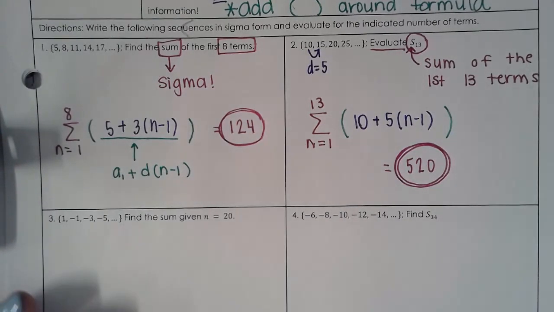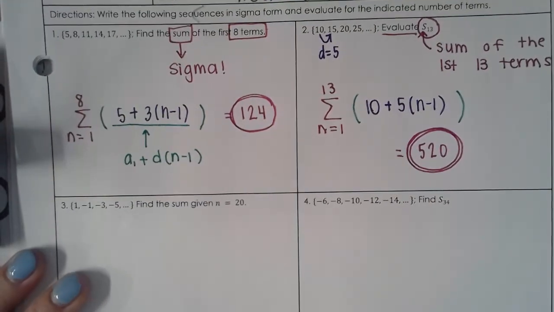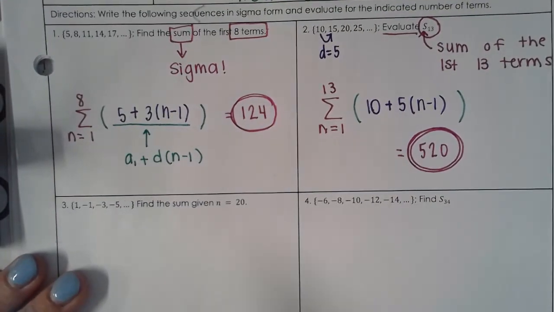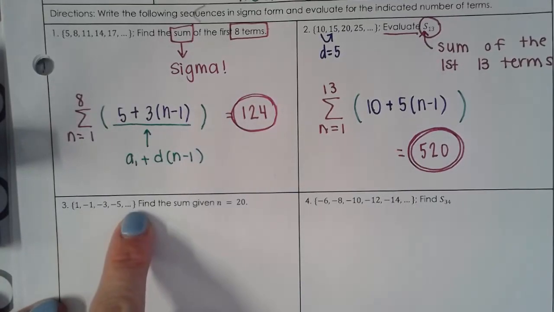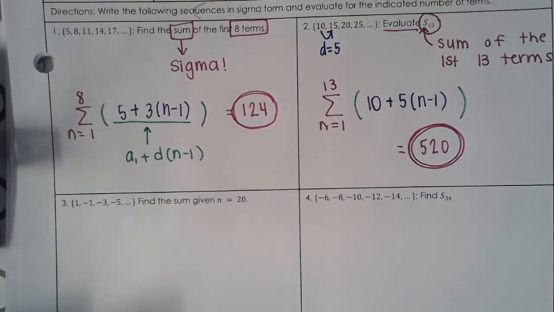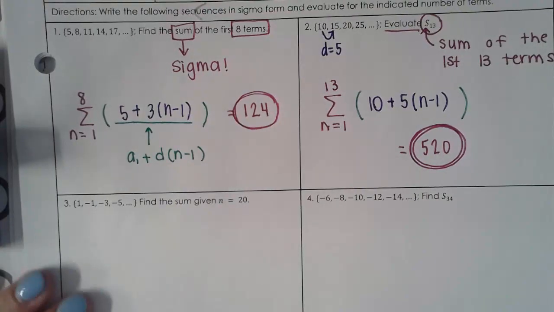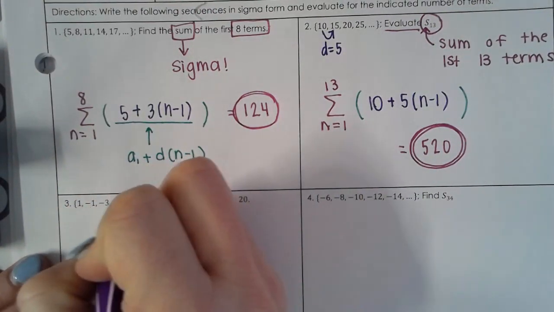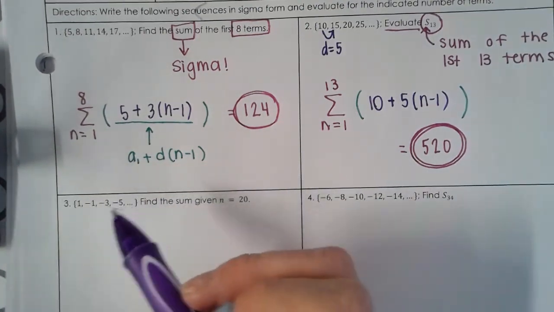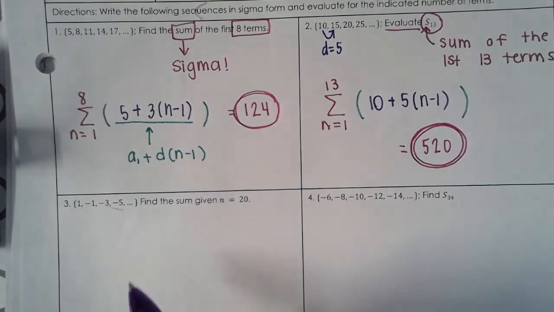All right, number 3. If we look, we're going from 1 to -1 to -3 to -5. So we need to figure out what the common difference is. You probably can see that it's changing by 2, but you might be confused as to whether it's adding 2 or subtracting 2.